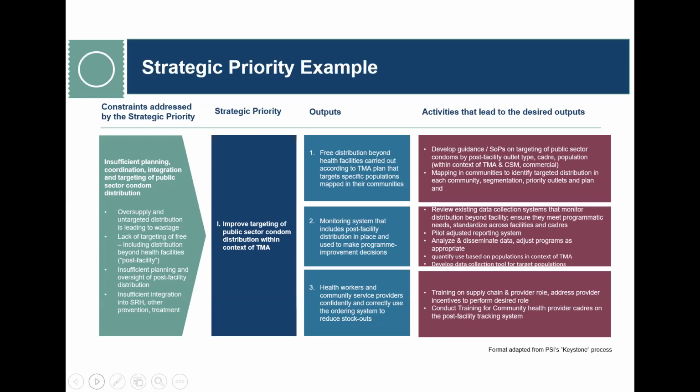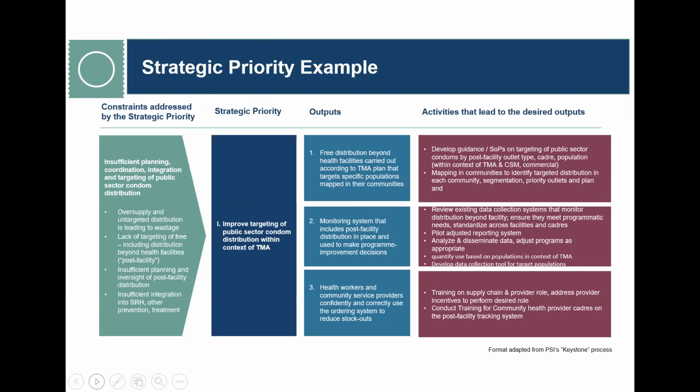What you're seeing here is an example of how a constraint that was identified in the situation analysis or the assessment phase is then addressed through a strategic priority. In this case, it's about improving public sector free condom distribution.